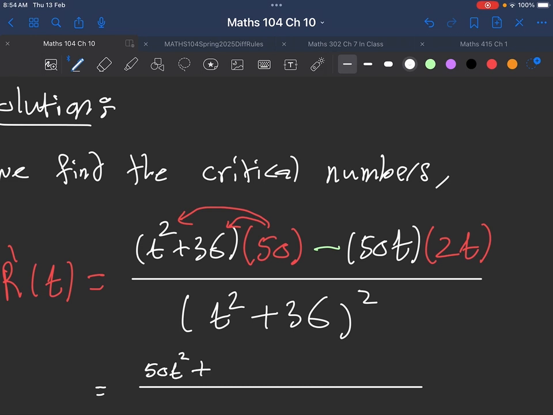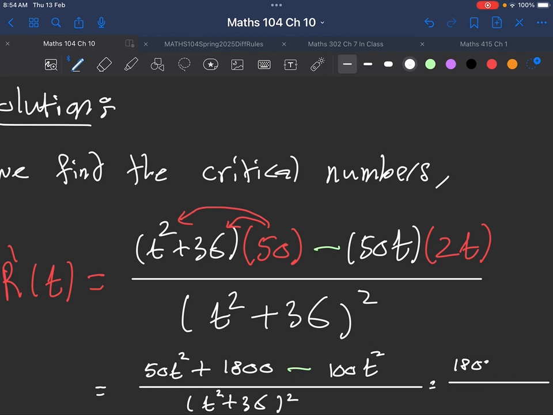So what you will get is 50t squared plus, here in the denominator, of course, it will stay as is. We will not change it. Squared. Now, if we multiply 50 by 36, it's 1,800. And then we have this minus. And if we multiply 50t by 2t, this will give me just 100t squared.